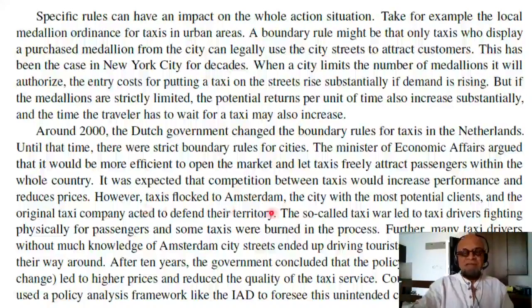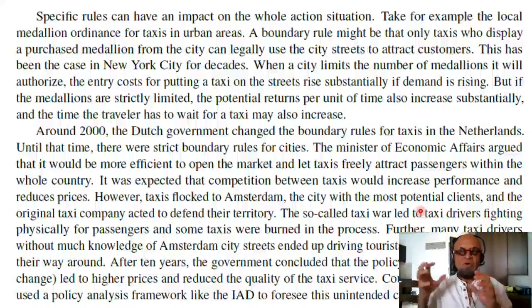However, taxis flocked to Amsterdam, the city with the most potential clients, and the original taxi companies acted to defend their territory. So people who were originally running the taxis in Amsterdam tried to fight this system.